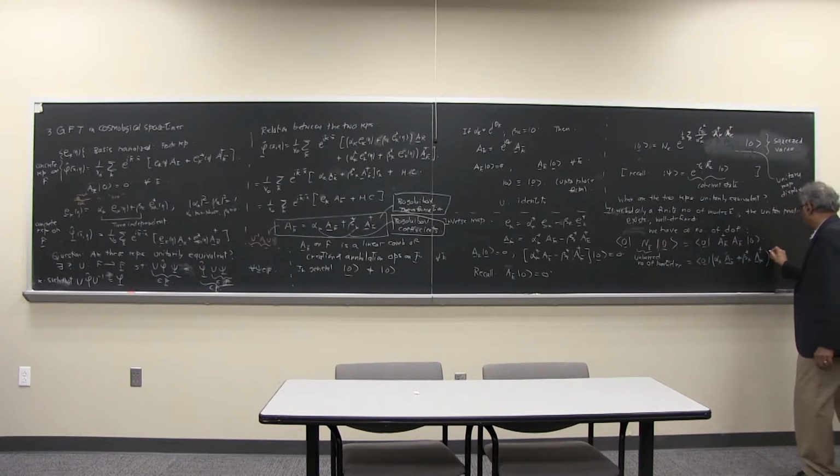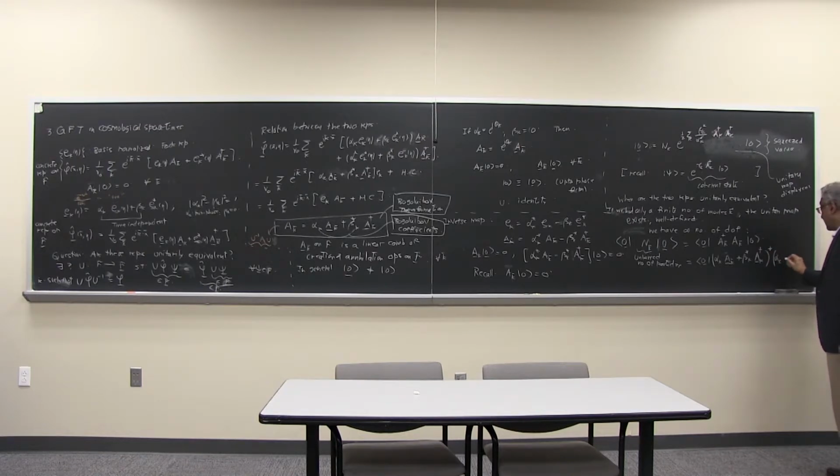That is this. I have to take the dagger of all of that times a_k, which is alpha_k times a bar_k plus beta_k star times a bar dagger. And then I add the bar vacuum up here.